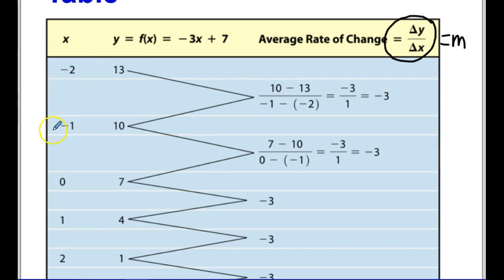I see here my change in y and my change in x: I go up 1 and I go down 3. So I go down 3 and I go up 1. So my slope, or my average rate of change, is -3. Then I look between these 2 points, and it's also -3. And between these 2 points, it's also -3.